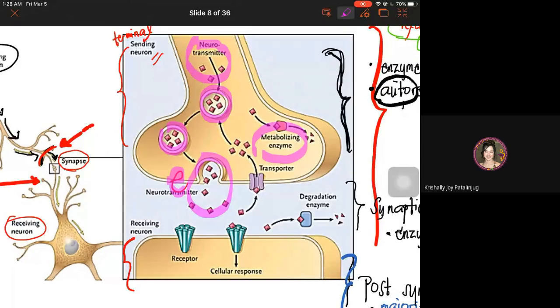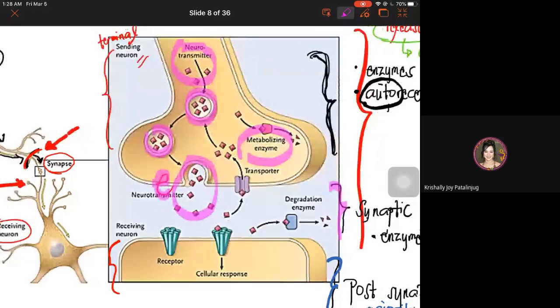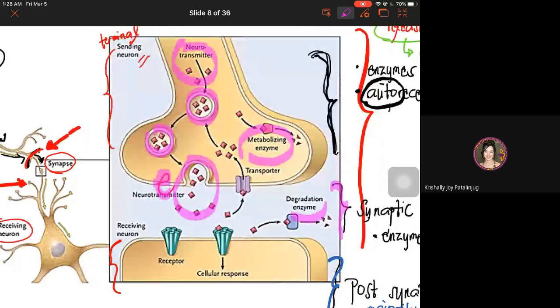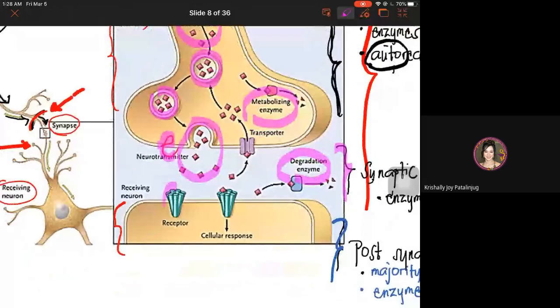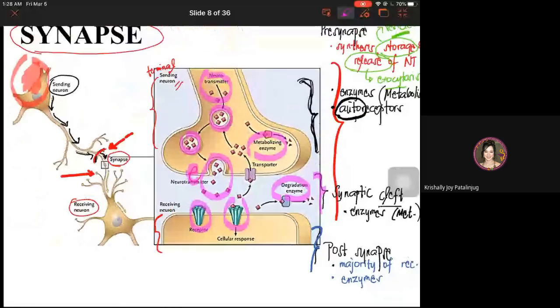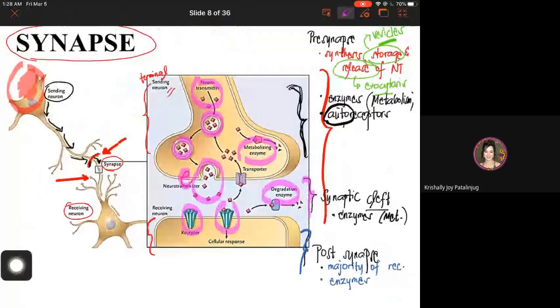Then, in the synaptic cleft, we said there are enzymes. So, there are enzymes. And then we have the receptors in the receiving neurons, in the post-synapse. Majority of the receptors are found here. So these are the parts of the synapse: the presynapse, synaptic cleft, and the post-synapse.